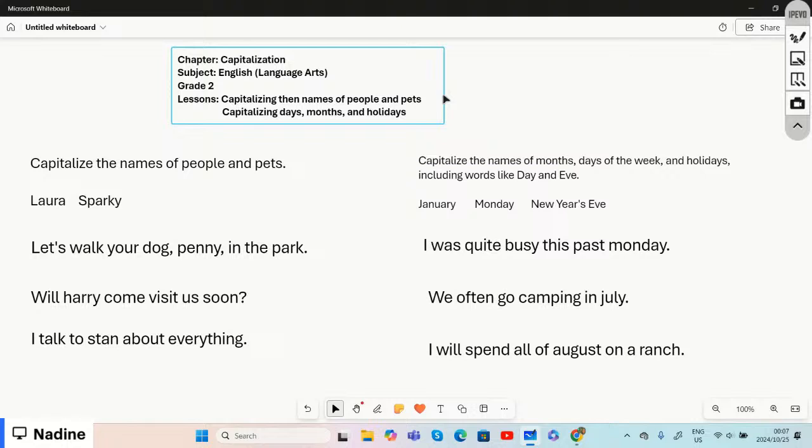Unless you're going to say this is my dog, this is my cat, this is my snake, then dog, cat, snake, we don't capitalize. But as soon as you give it a name, by saying this is Sparky the dog, this is Spotty the cat, this is Fluffy, then that is the name of your pet, and you need to capitalize it.